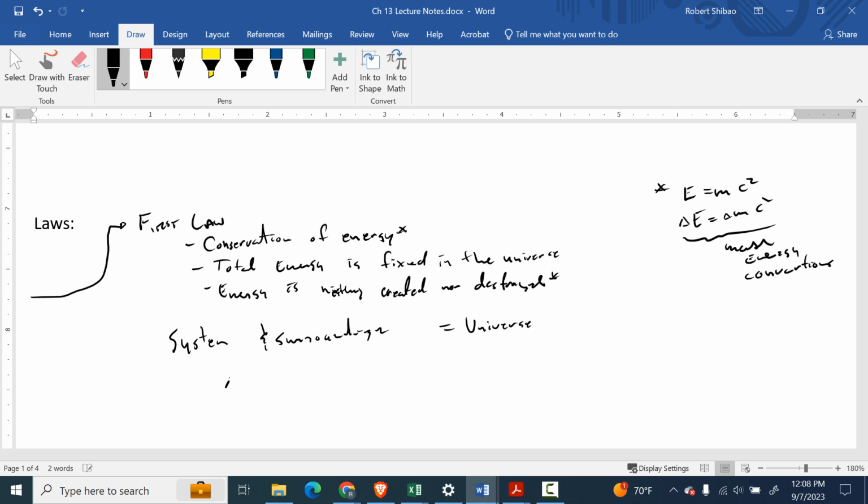So we could look at delta U of the system. Delta U of the system will be equal to minus delta U of the surroundings. This is total energy here.